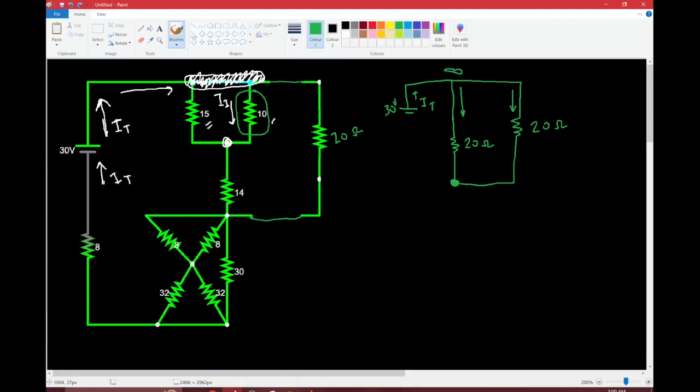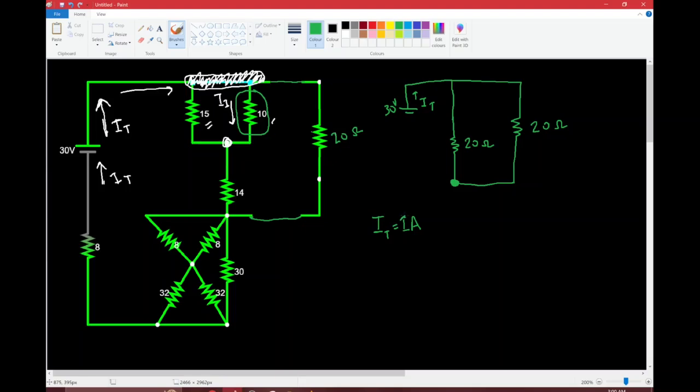And then I can split this off again and figure out exactly how much of this amount goes down this way and how much goes down this way, and that'll give us the answer. So that's just a preview of what's to come. So let's do this. From our previous question, we found out that IT is going to be 1 amp.